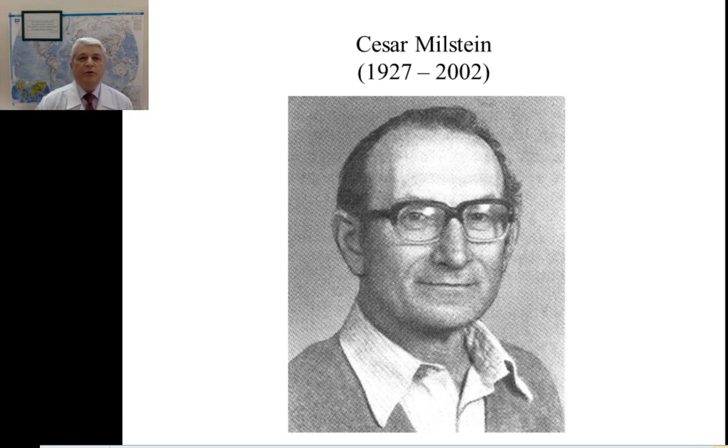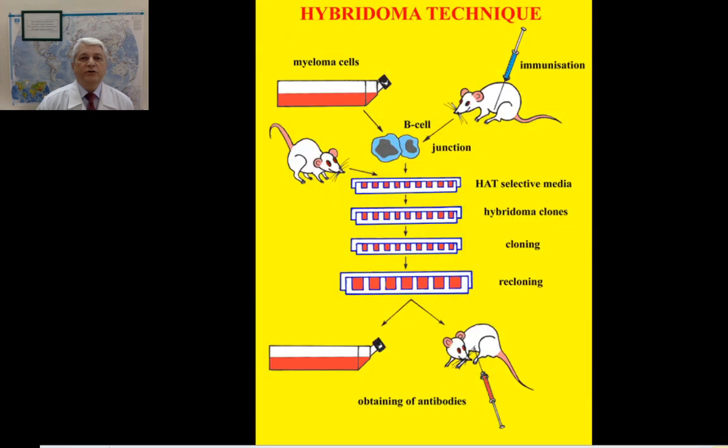They proposed the method which we call hybridoma technique or hybridoma technology. Please try to copy this figure to your notebook, and I shall slowly explain what we have here.